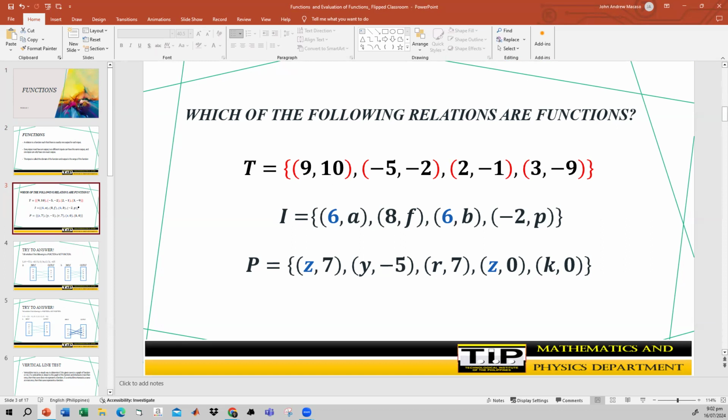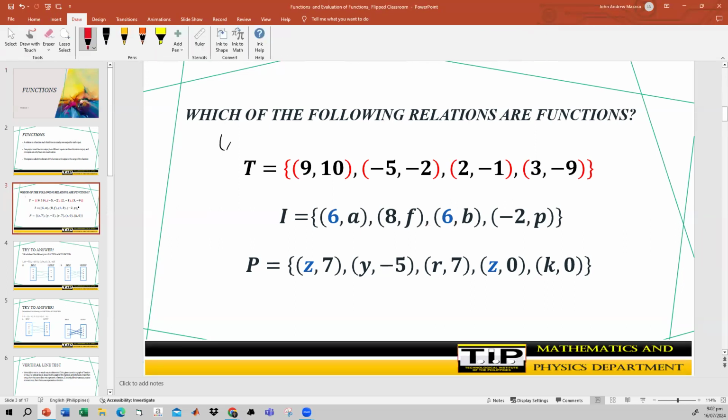For you to simply determine if this relation is a function, you just need to check each element in X. Please take note that we're talking about ordered pairs, which are written in the form of X comma Y. So you just need to check all the elements in the domain, right?